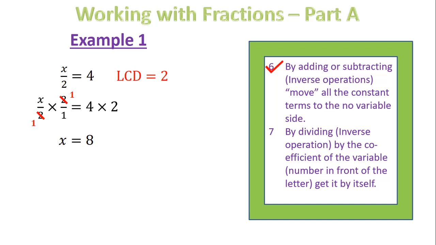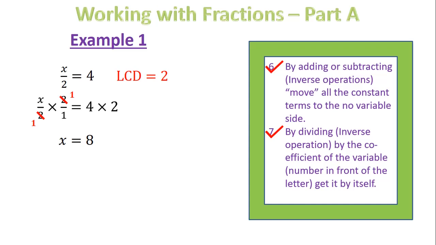Sorted. And step 7, by dividing by the coefficient of the variable, get it by itself. It is already by itself, and so my answer is x equals 8. Do you see that you only had to do basically one step? Although I went through all the steps, the first one was actually enough to get the answer.